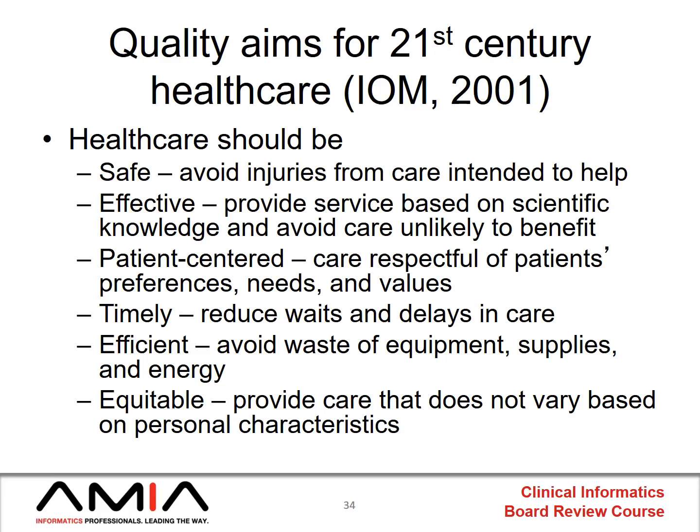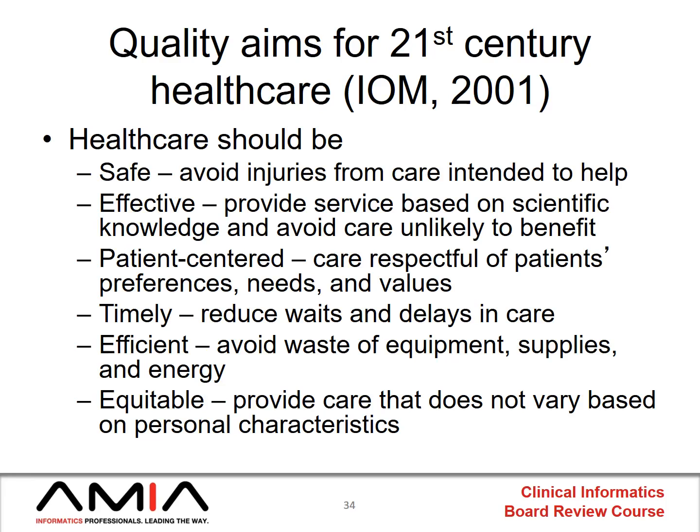The clinical informatics core content outline actually calls out the IOM quality aims, and so they're listed on this slide. The Quality Chasm report basically stated that healthcare should be safe, so it should avoid injuries from care that's intended to help people. It should be effective, so providing service based on scientific knowledge and avoiding care that's unlikely to benefit individuals.